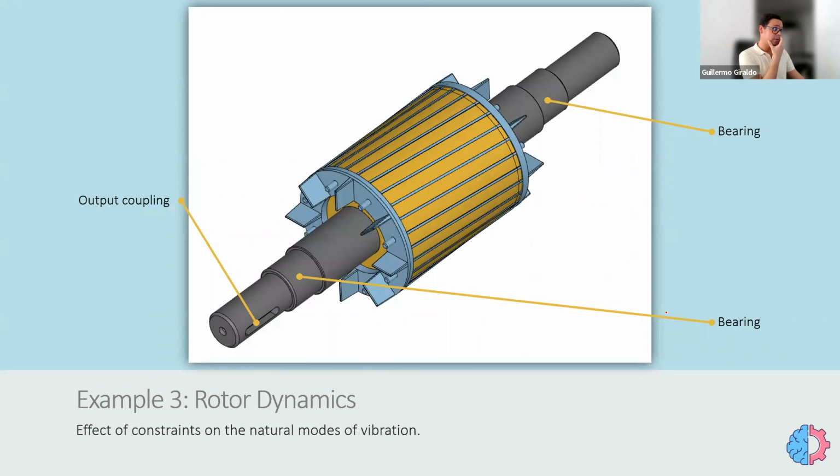So this is our rotor. You can see it's a squirrel cage rotor. We have these two faces where the bearings are located, where the shaft is supported, and also the output coupling where the end shaft is connected. All the power is transmitted through this face, through the cube here.